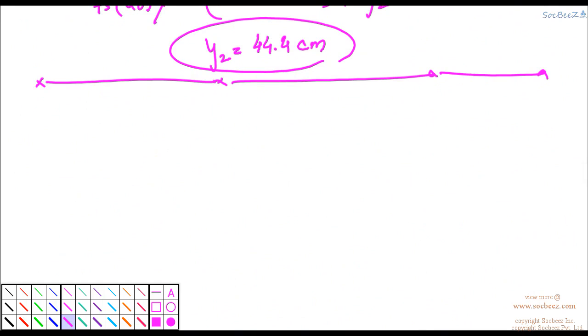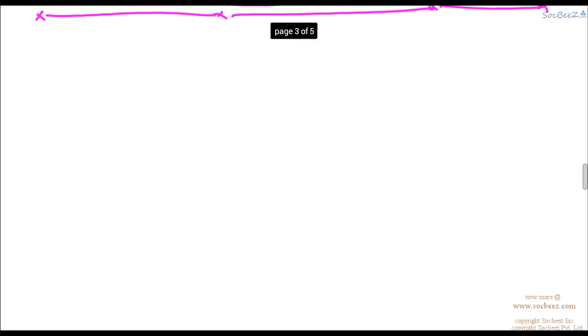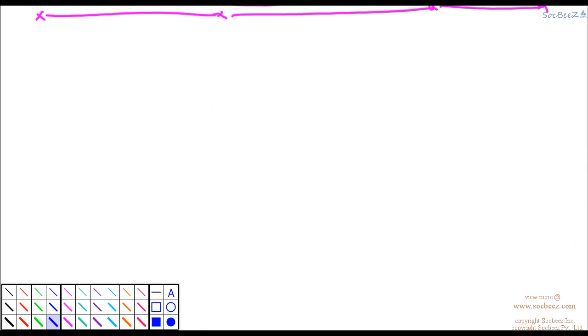So let's try and do one more question, which is on the familiar concepts that we have learned earlier, the PV diagrams.